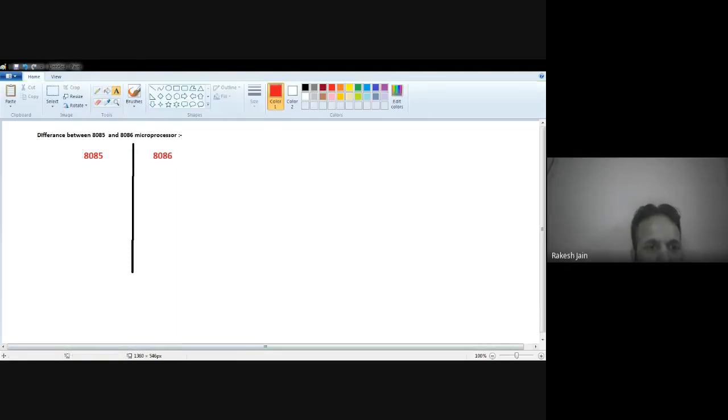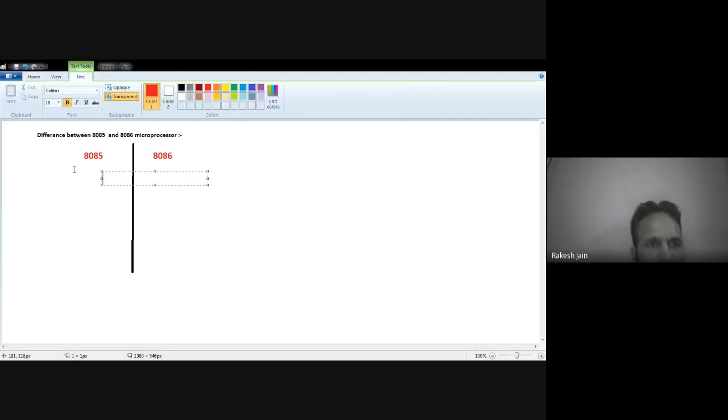There are so many differences. The one we just noticed is the flag register: only 5 flags were present in the 8085 microprocessor, but in the 8086 microprocessor there are 9 flags.